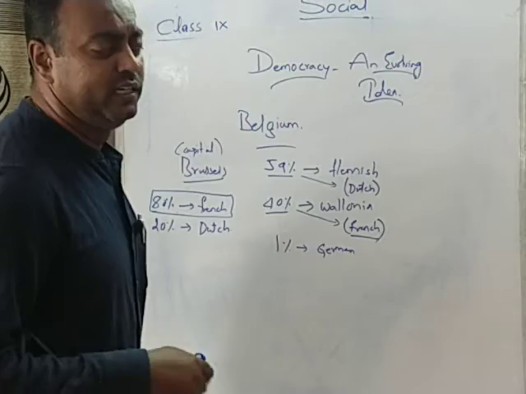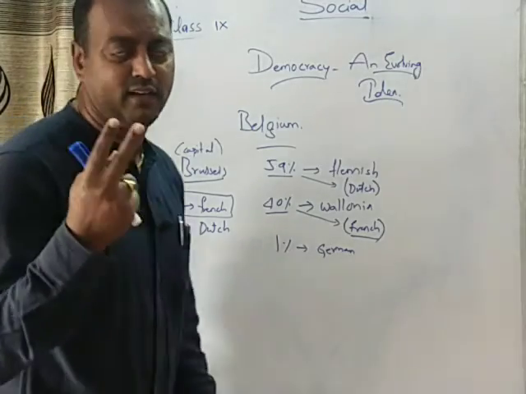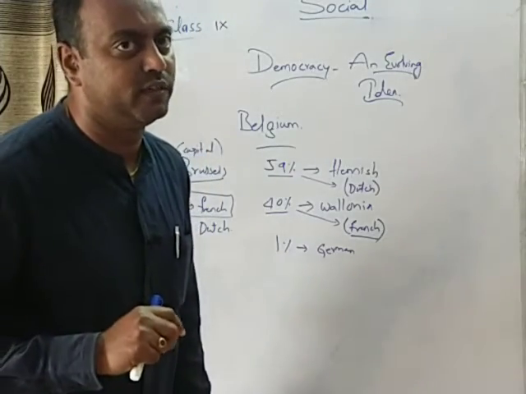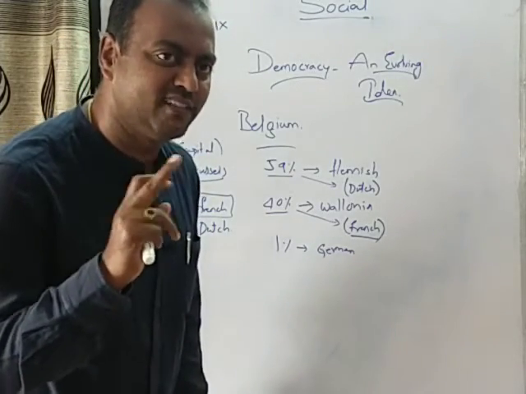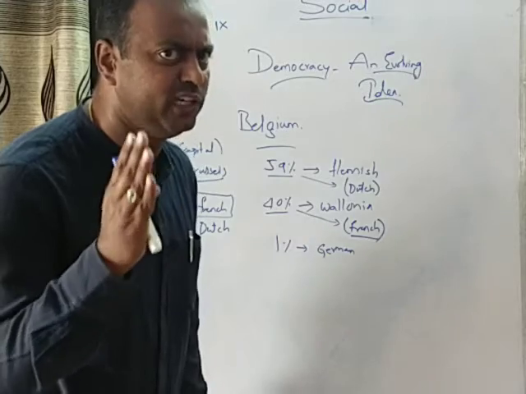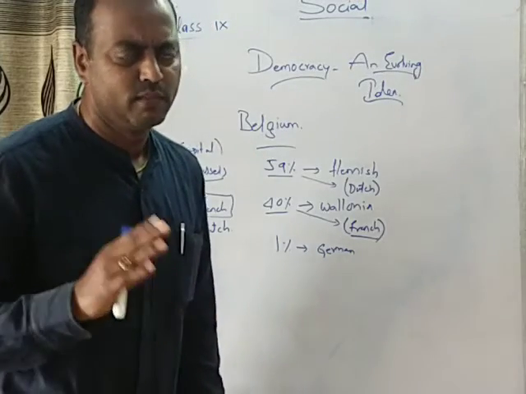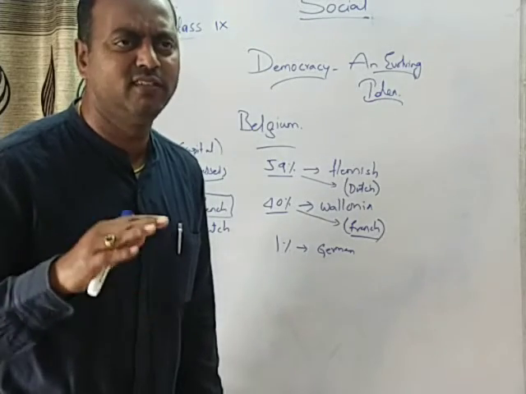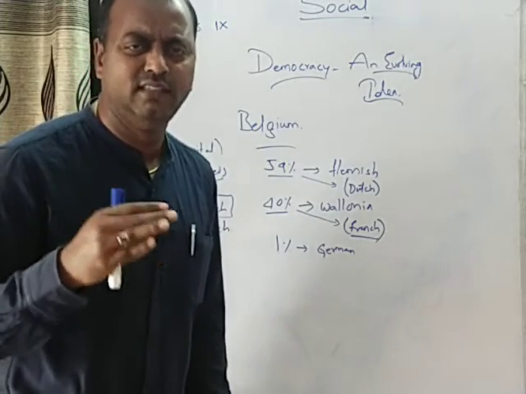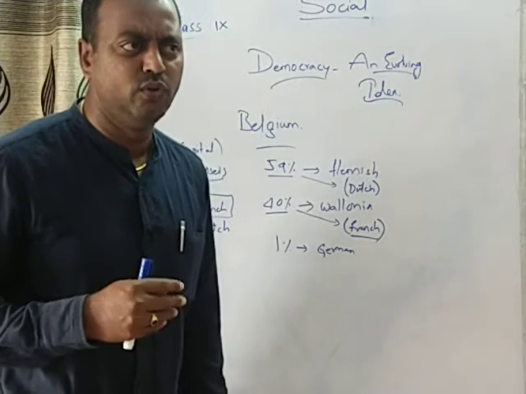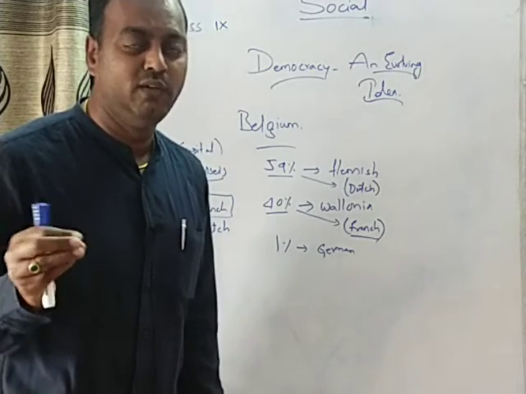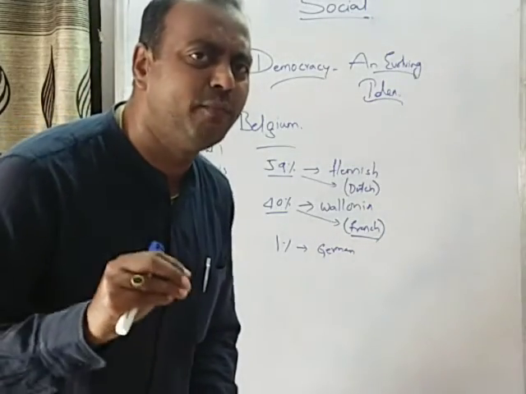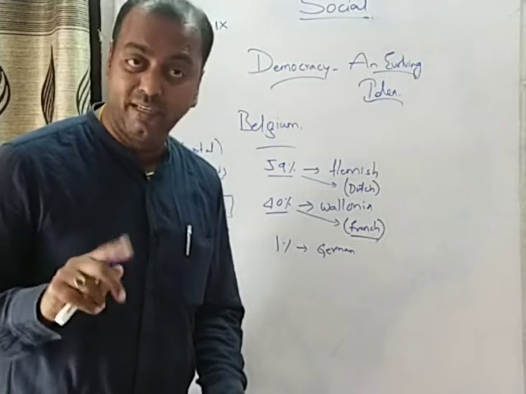In Sri Lanka, Sinhali language speakers are 74%, the majority, whereas the minority, 18% of the population, speaks Tamil, in the northern part of Sri Lanka. If majority rule continues as a democratic rule, then what about the opinion of the minorities in these countries? That is the big question.